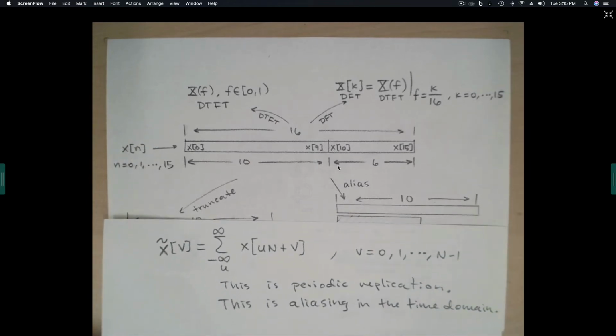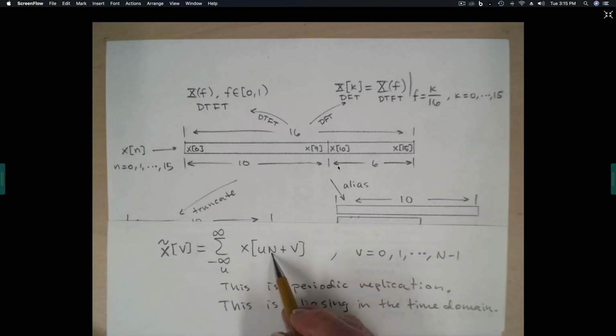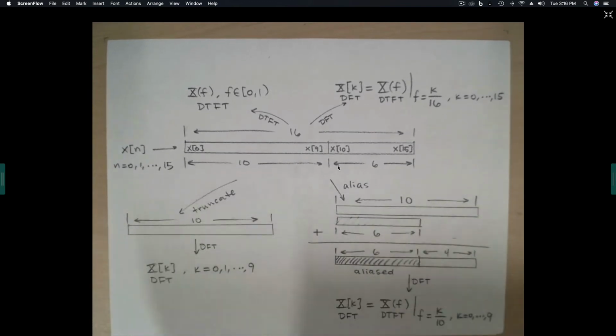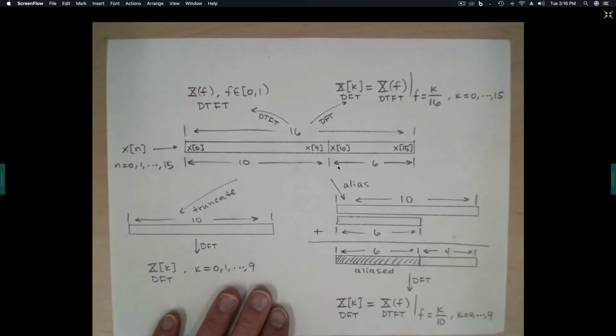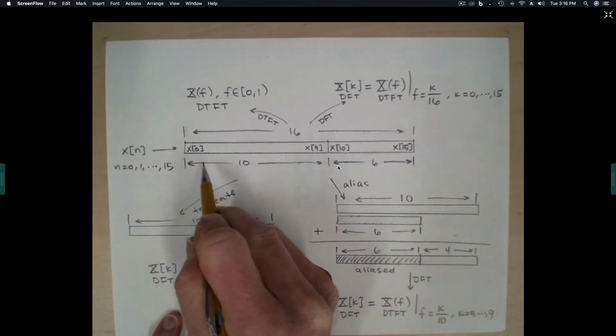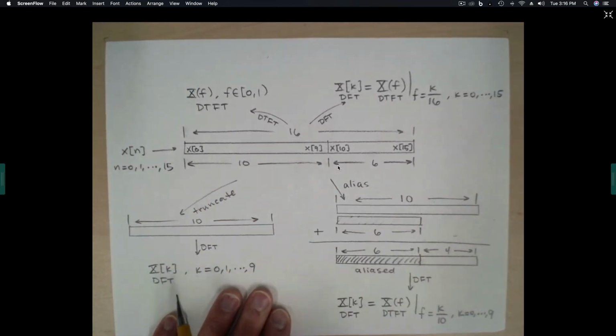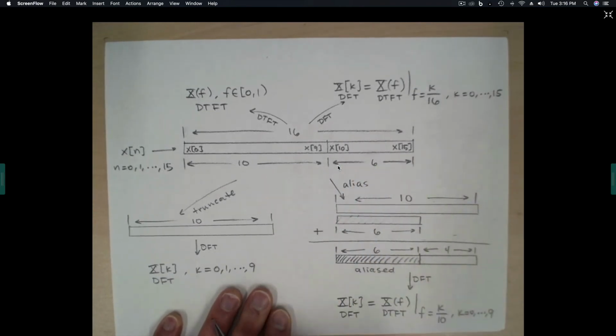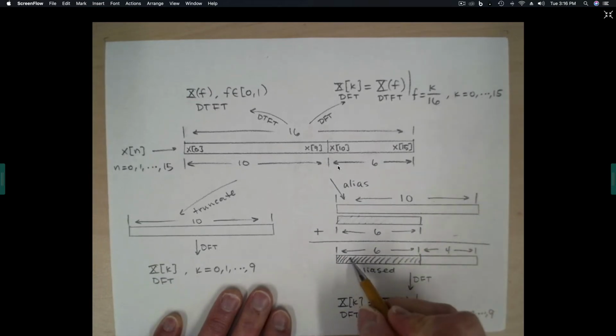Let's suppose that in this case N is 10, and we do this 10-point aliasing. What does that look like? Well, we take the first 10 samples and then we shift these last 6 samples so that they overlap the first 6. When we add those together, we get aliasing in the first part of that signal, but the last 4 samples are unaliased.